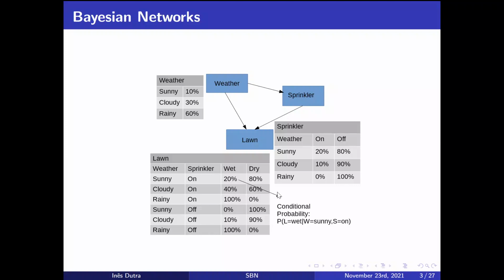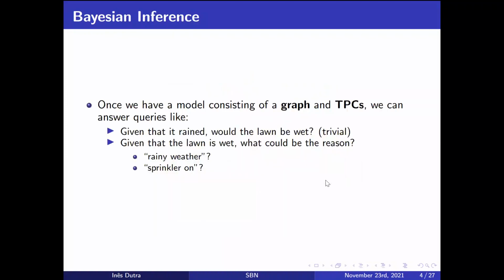So this is easy to calculate, but we can also calculate things using the Bayes theorem, things like, given that the lawn is wet, what would be the reason? The rain, or the sprinkler being on. For that example in particular, if you do all the calculations, you can find that it's because it's raining, okay?